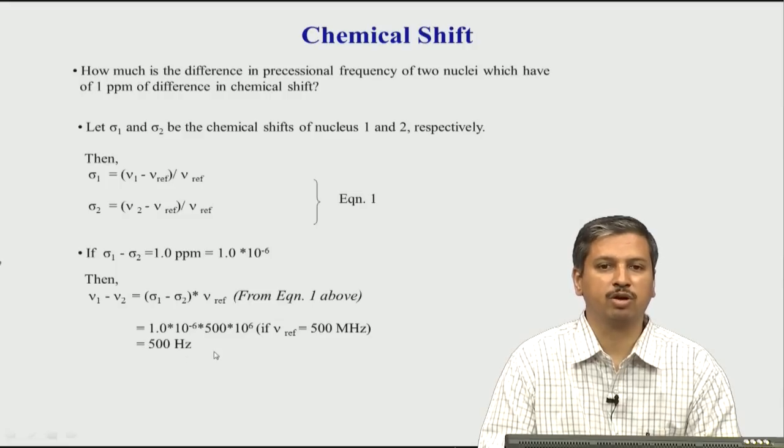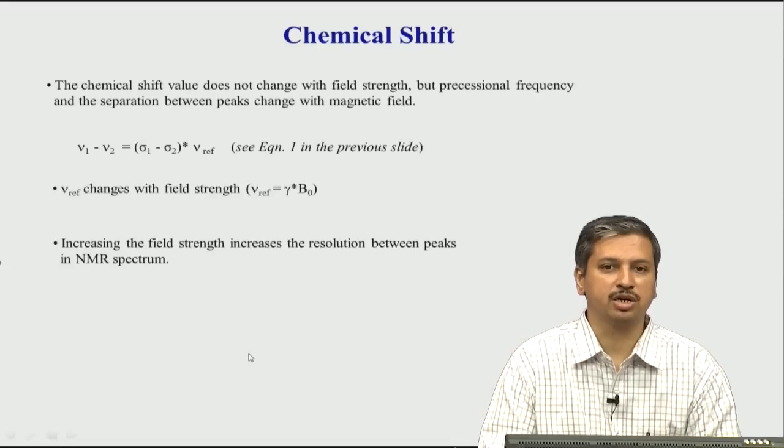This is a very important point, because as I mentioned, once we take the value with respect to a reference, we do not want the ppm value to change from one spectrometer to another, but the separation of the peaks in hertz will change because it depends on the field strength. Now, this separation is actually what helps you in giving resolution. This is what is shown in this slide.